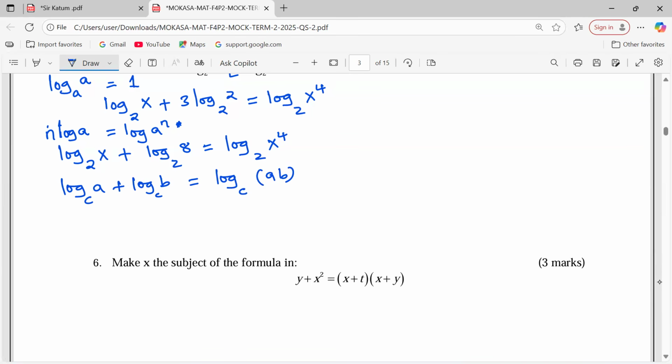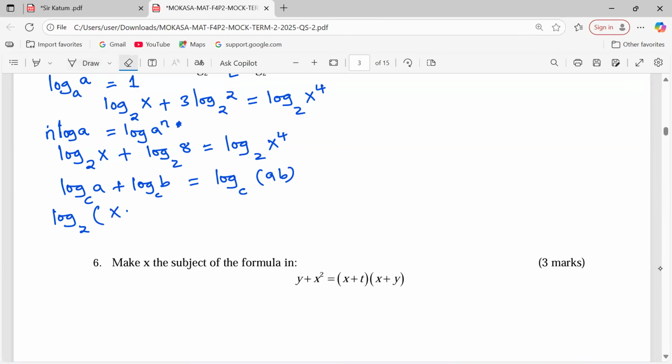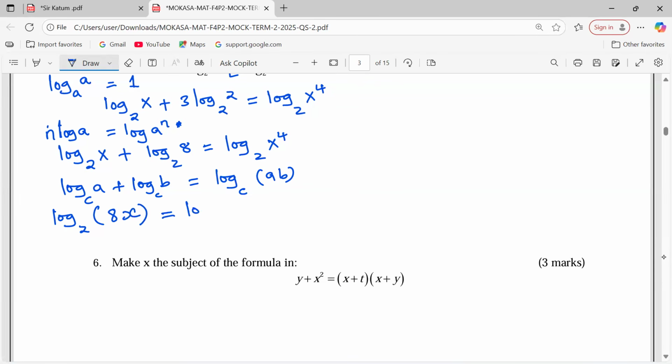So applying this, the above equation now becomes the log to base 2 of x times 8. X times 8 now becomes 8x. This is equal to the log to base 2 of x power 4, that way.